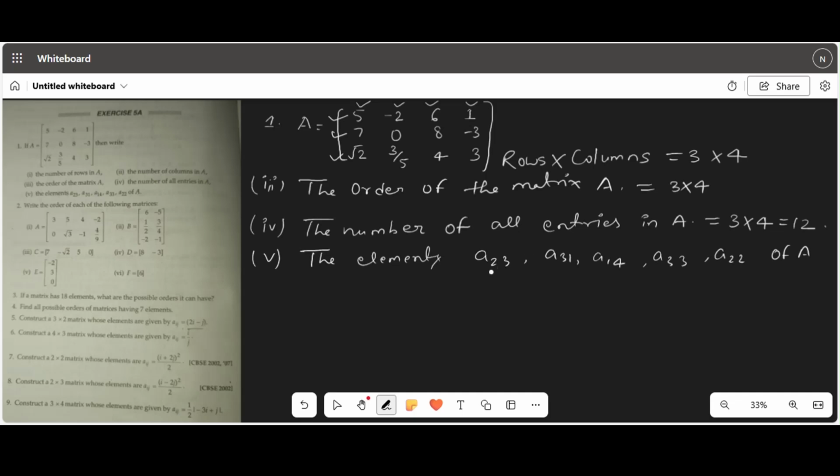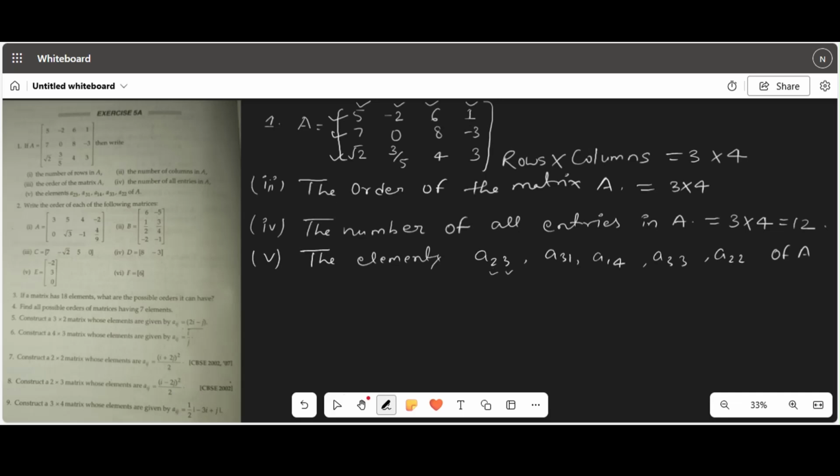So 2 means row and 3 means column. So what will be the position? Second row and third column position. You know.